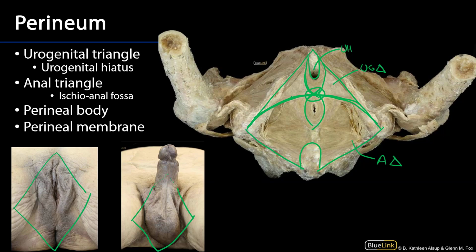We can also see that structures that are part of the vulva or external female genitalia are part of the perineum, as are structures of the penis, inclusive of the scrotum.